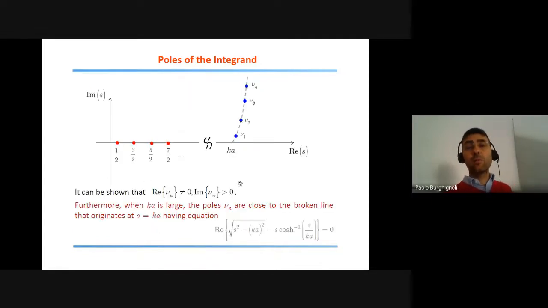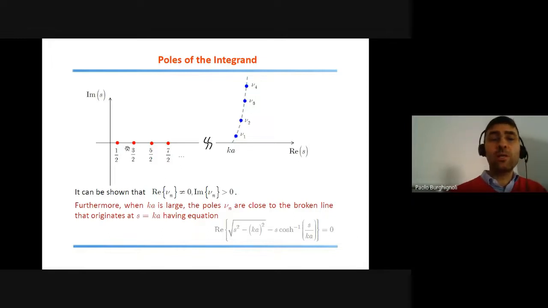Now consider the location of these poles in the complex plane. The poles associated with the cosine are evenly spaced on the real axis at half-integer locations, whereas the other poles form a family, the blue ones, that is displaced off the real axis.